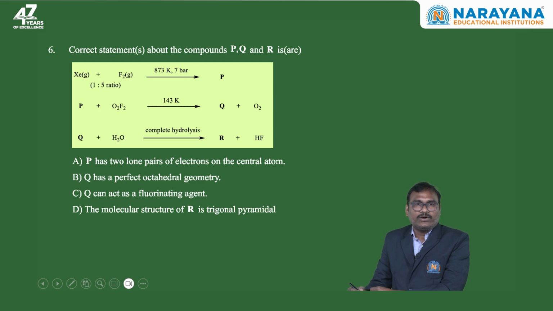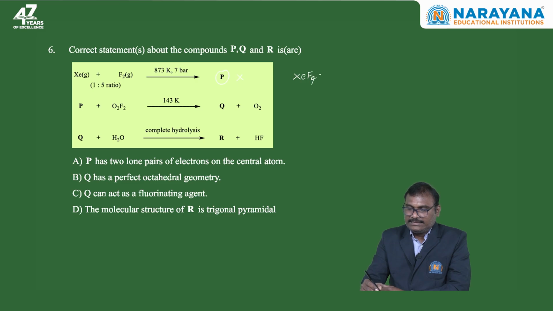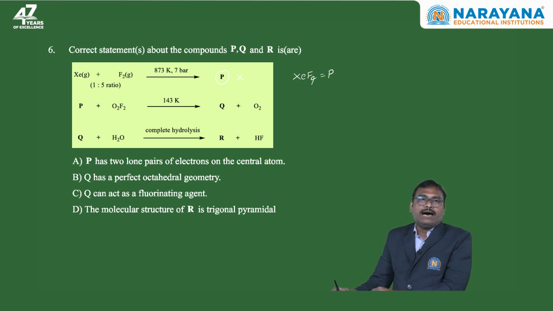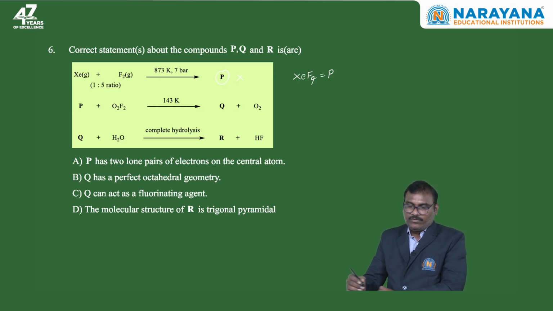Xenon and fluorine, if they are reacting in 1:5 ratio according to NCERT, that is XeF4 is P. XeF4 on O2F2 we are getting Q, that is XeF6. XeF6 on complete hydrolysis, yes, R is XeO3.